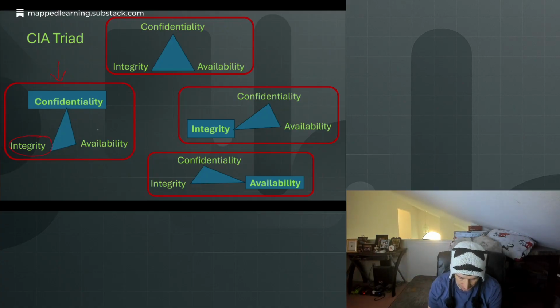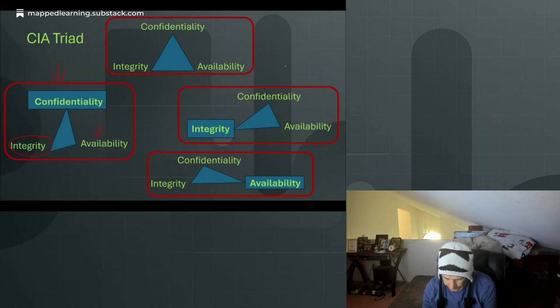So the availability will go down. And the reason why is because adding confidentiality, adding secrecy adds time. And the more time it takes to unsecret something, unhide something, the less availability it has.